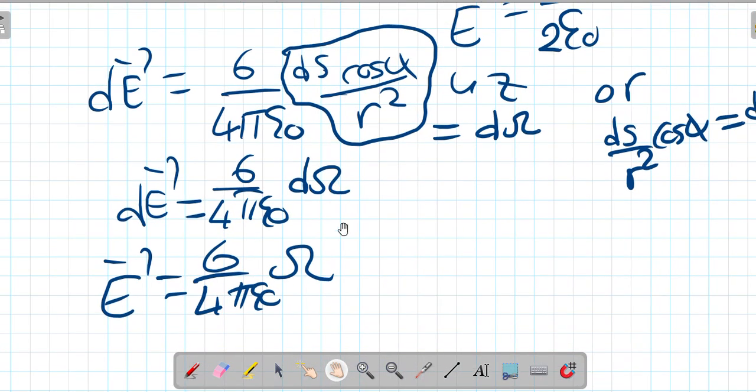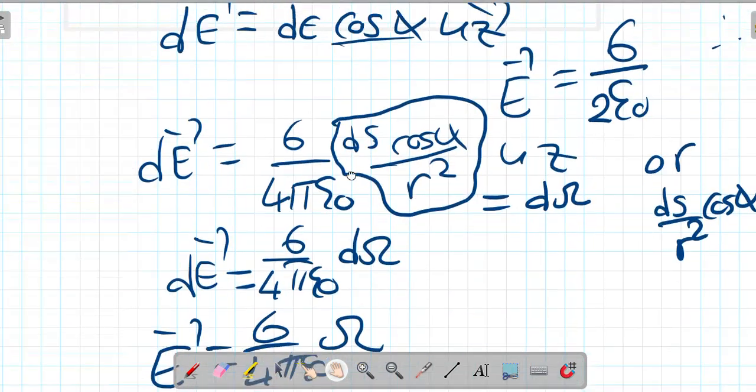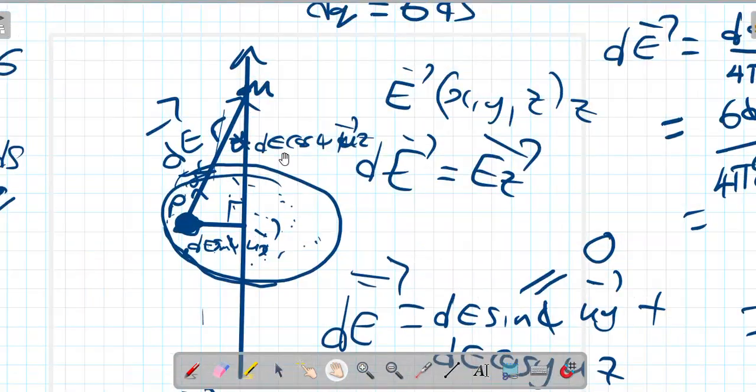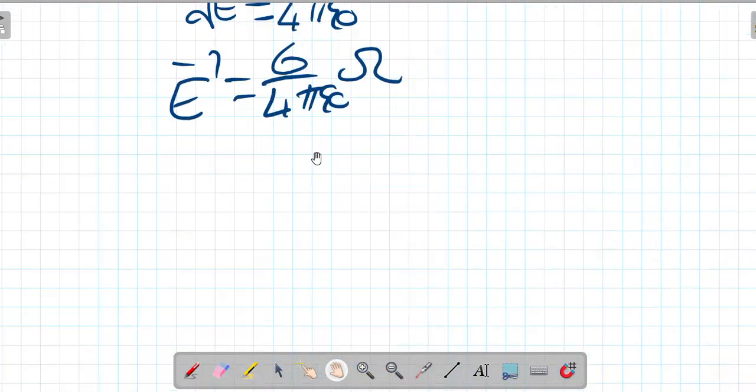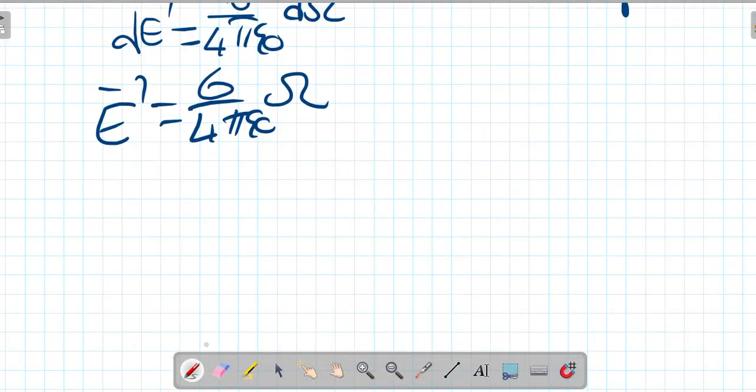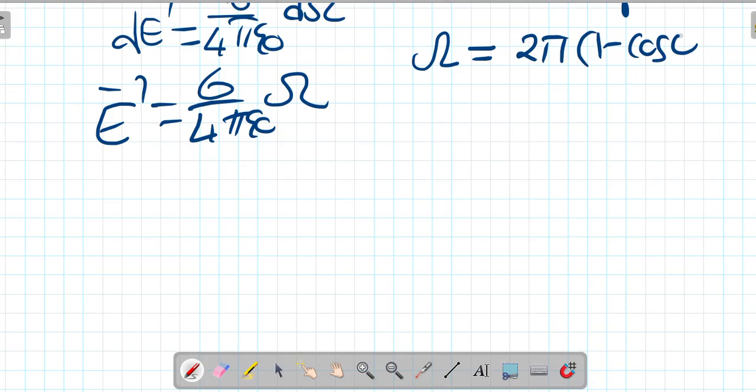When I was teaching you about solid angle, we drew some cone in the disk, if you remember, and I told you to find the solid angle on which we see that disk. It is equal to 2 pi 1 minus cos alpha, if I'm not mistaken.